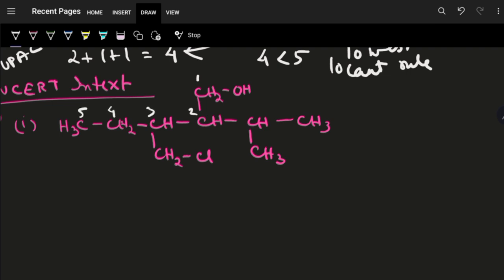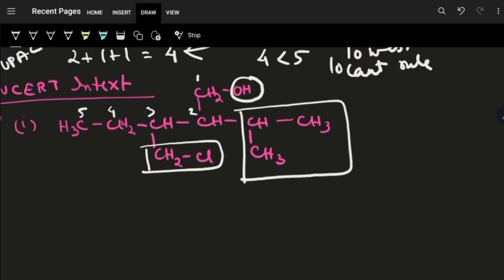Now I have 5 carbon atoms where carbon number 1 has the OH. Carbon number 3 has a chloromethyl and carbon number 2 has this group, which is isopropyl. So this iso linkage is at carbon number 2.